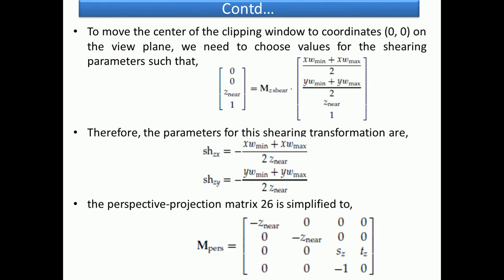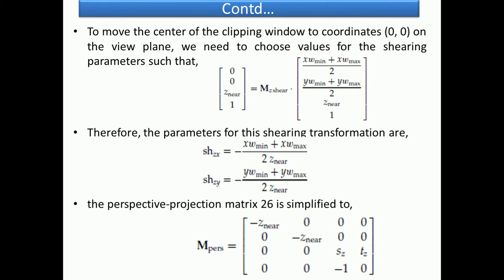Therefore, the parameters for this shearing transformation are shzx equal to minus (xwmin plus xwmax)/2 divided by znear, and similarly shzy equal to minus (ywmin plus ywmax)/2 divided by znear. So these formulas and equations you need to practice.